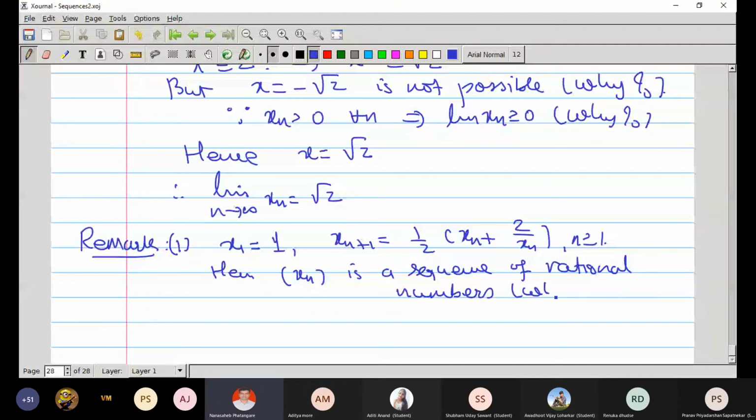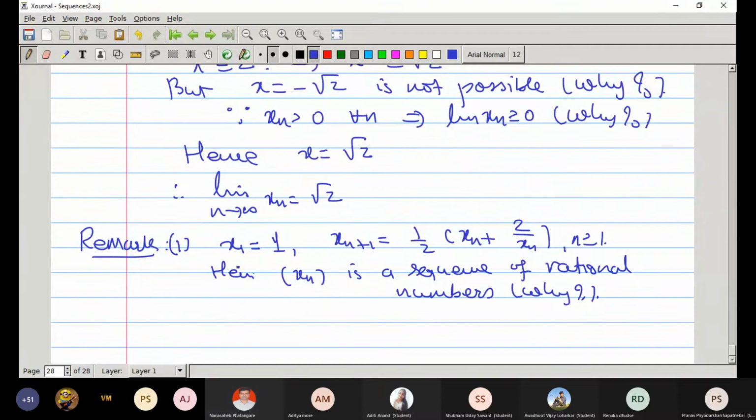Is it true? Yes, because each xn is a rational number. x1 is 1, a rational number, and the next term is a combination of the previous term with some integers. So if the previous is rational, the next is rational. That is easy, right?